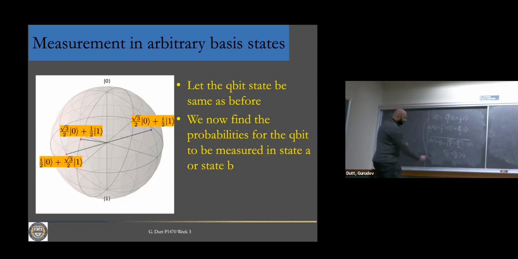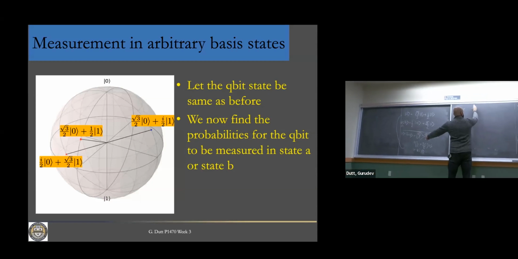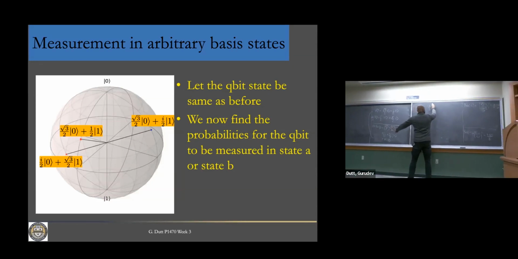And here I'm left with 2 times i, times 1. So therefore, my state 1 can be written as 1 over 2i, which is the same as minus i over 2, times ket A plus square root 3i times ket B.